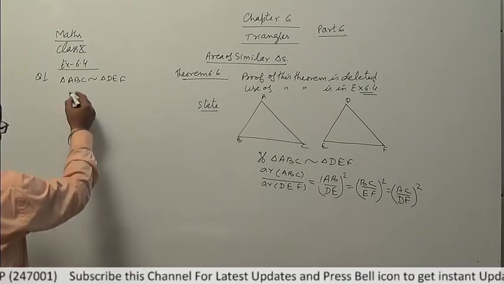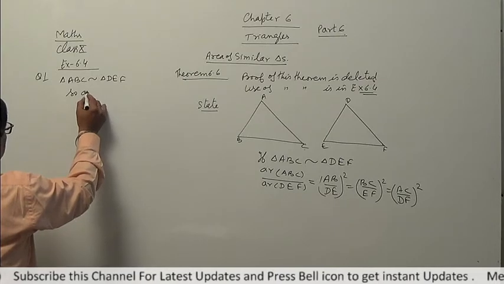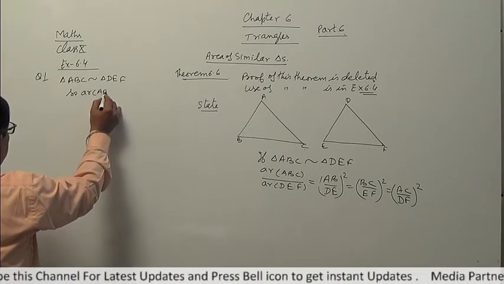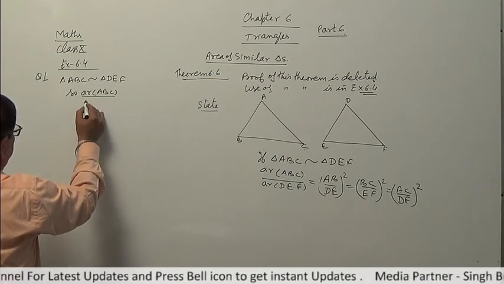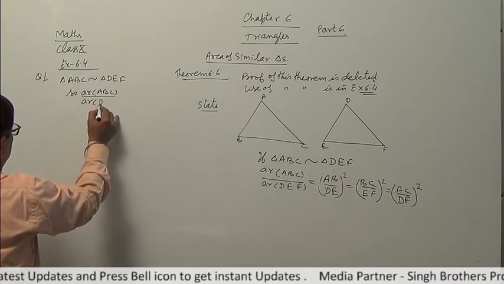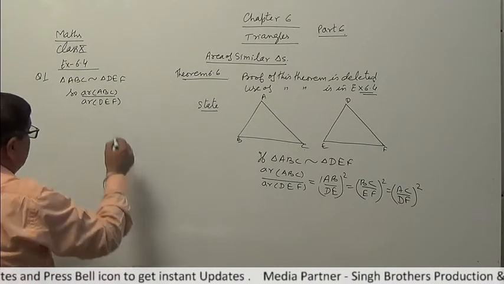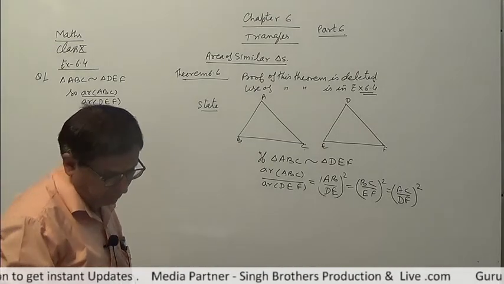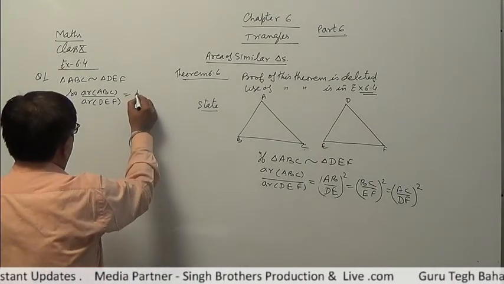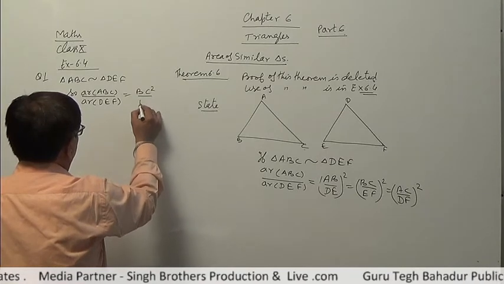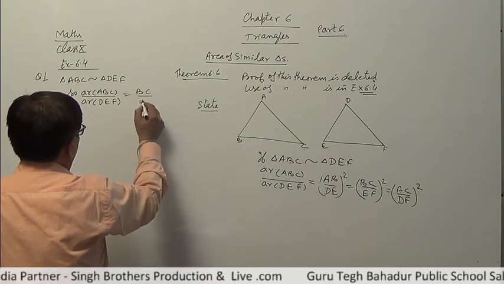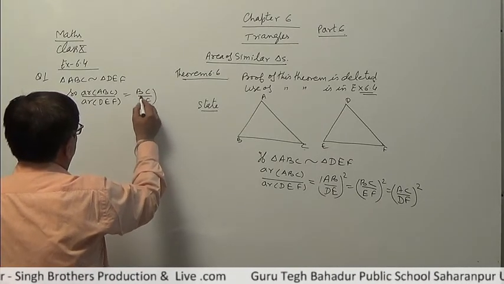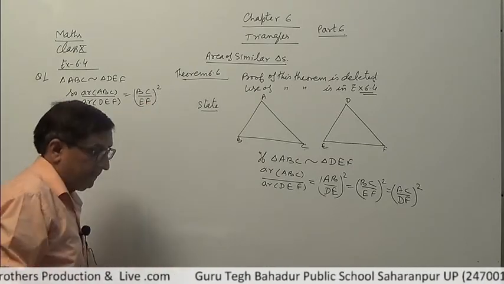So, area of triangle ABC upon area of triangle DEF, given side is EF, so it will be BC upon EF whole square.